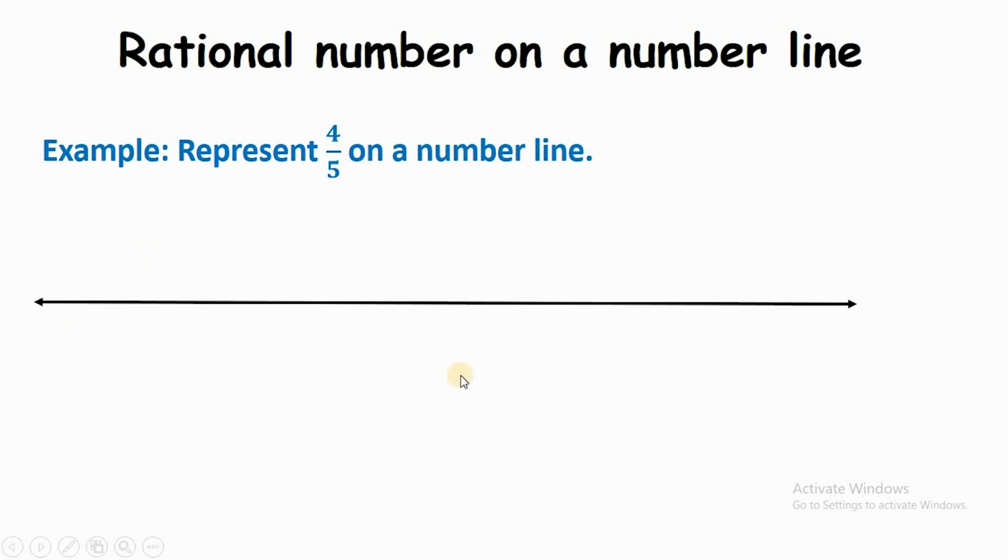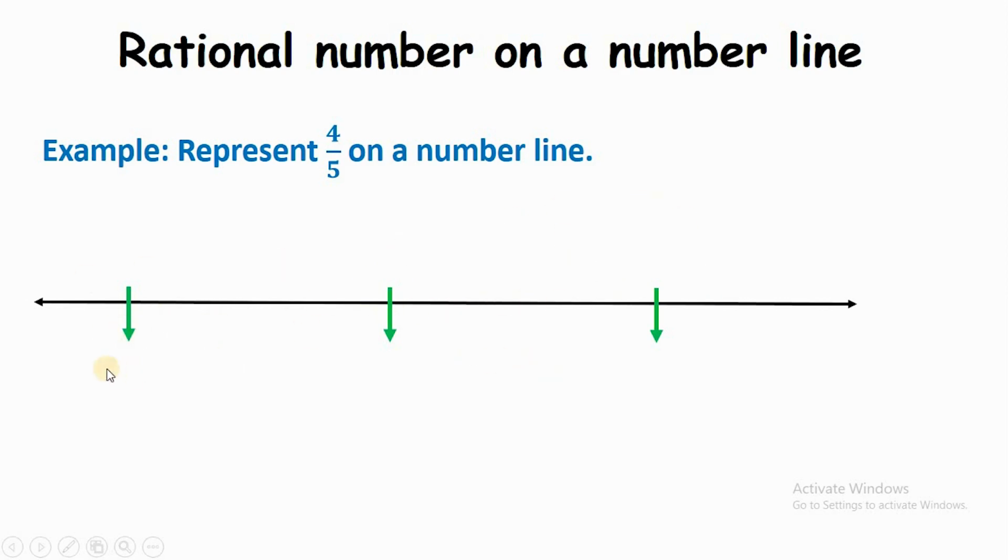So first we'll draw a number line, and on the number line each point represents a certain number. To show 4 by 5 on a number line, we have drawn a number line and will mark a few points, and these points are equally spaced. That means the space between the first and the second, and the space between the second and the third are equal.